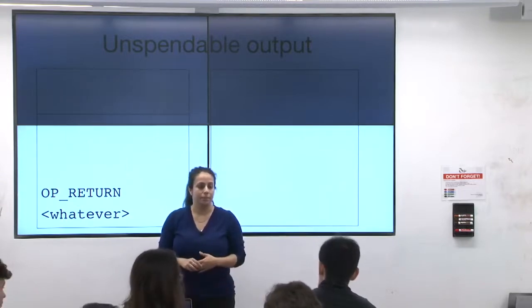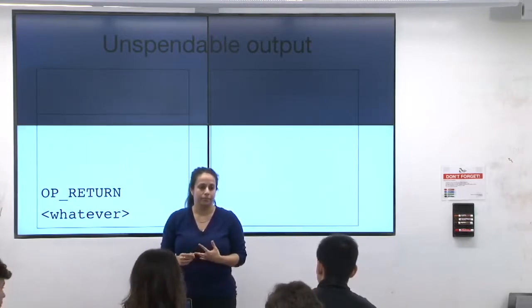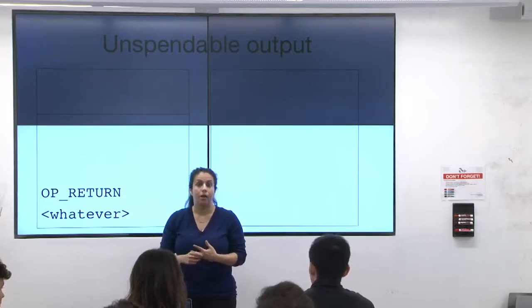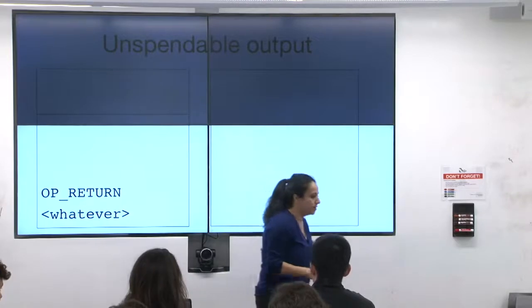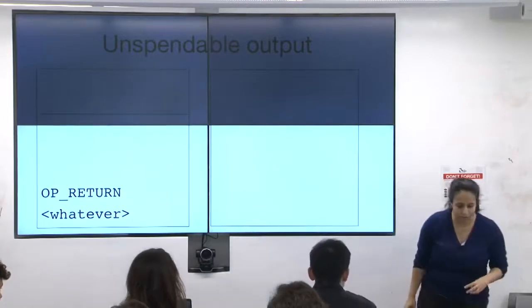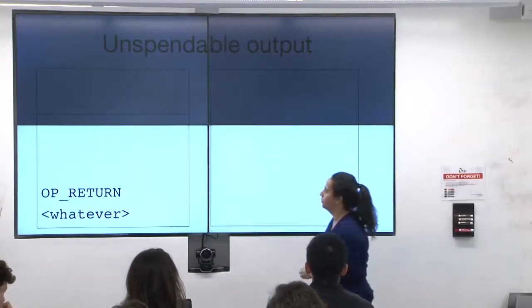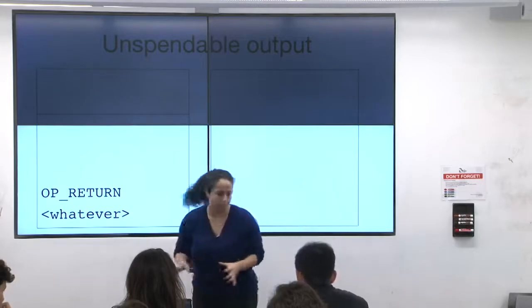Yes? Could you explain a little bit more about pay-to-script hash, and in what scenarios it's used? Sure. I don't actually have slides on pay-to-script hash, so I'm not sure we can do a good job of explaining it right now.